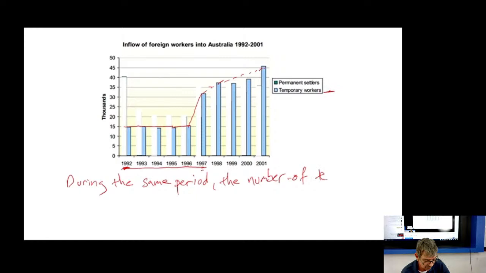We're talking about temporary workers. So the number of temporary workers, I keep on spelling that wrong. Number of temporary workers. So you can say this part remains the same or remains unchanged, stays the same.